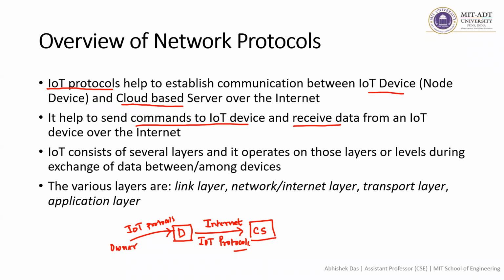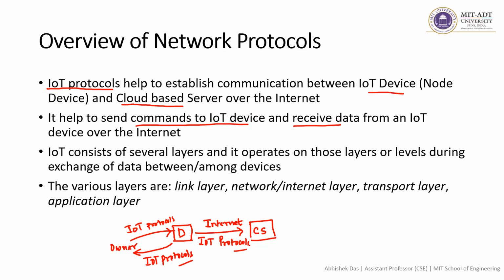The owner is giving commands or predefined instructions to the IoT device, and after the device generates some information, the owner receives that information from the device with the help of the IoT protocols only. So over here also IoT protocols play a very important role.